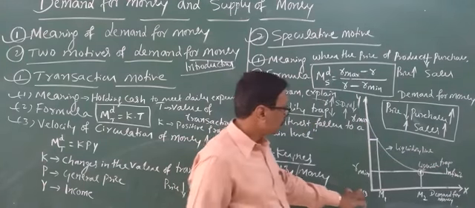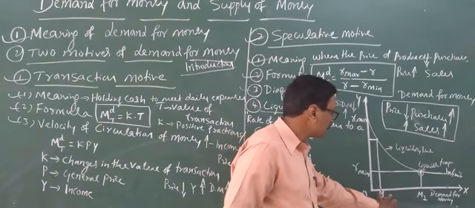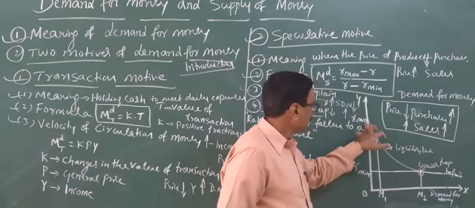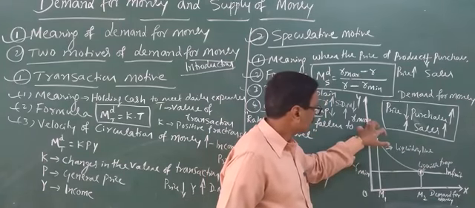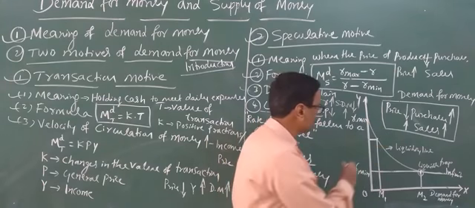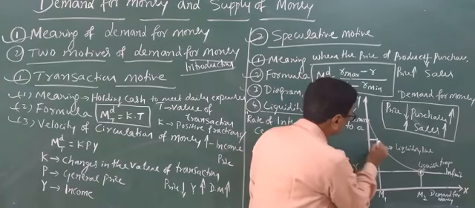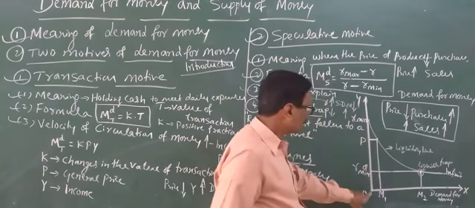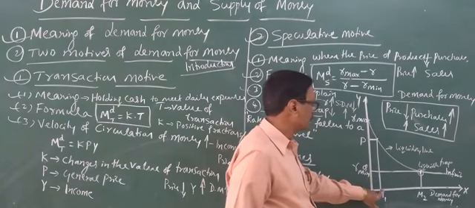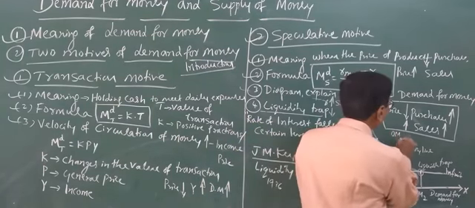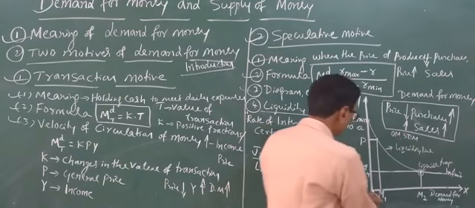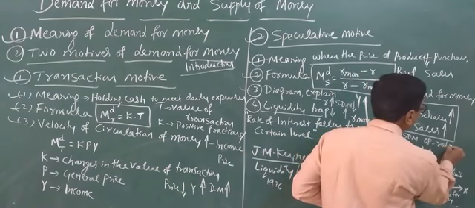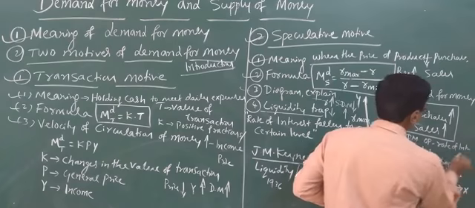We observe OM1 as the speculative demand for money. When the rate of interest is maximum, at point P, OP is the rate of interest.